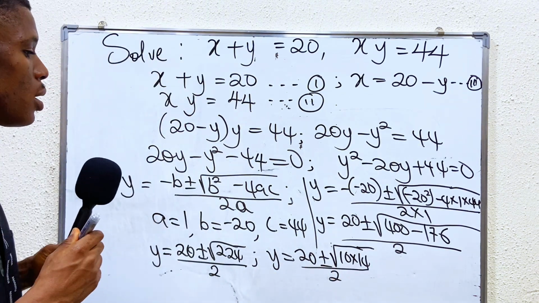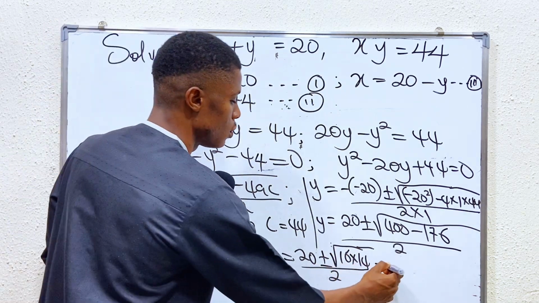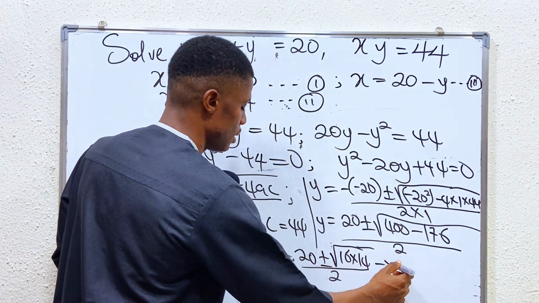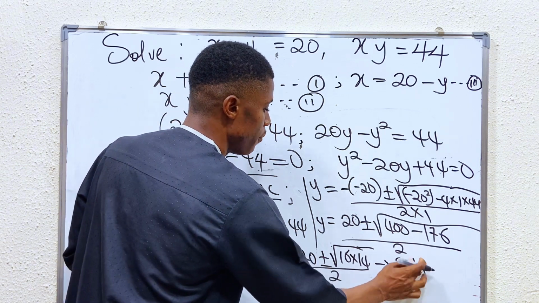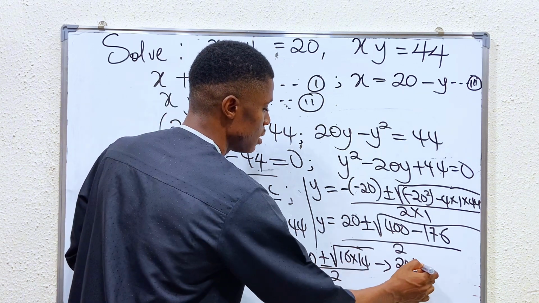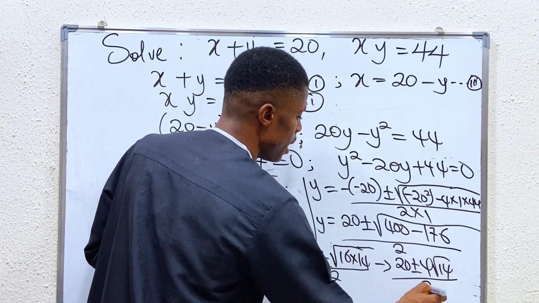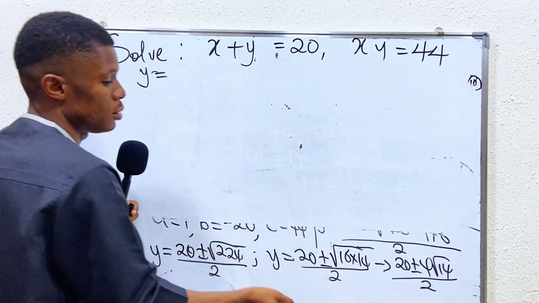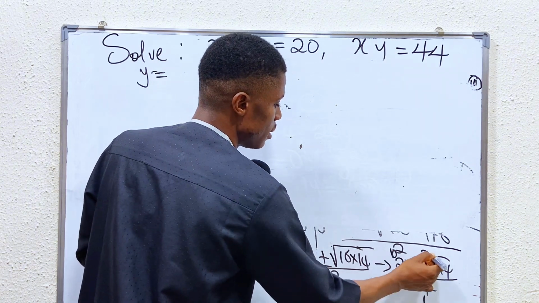Okay? So here, what do you get? If you take the square root of 16, you have 4. So the answer is now 20 plus or minus 4 root 14, because the square root of 16 is 4, divided by 2. 20 divided by 2 is 10, and 4 divided by 2 is 2.